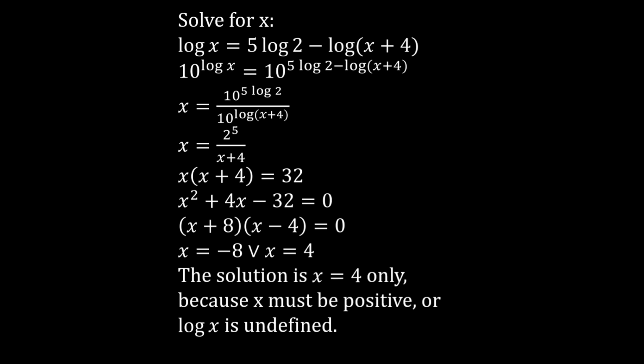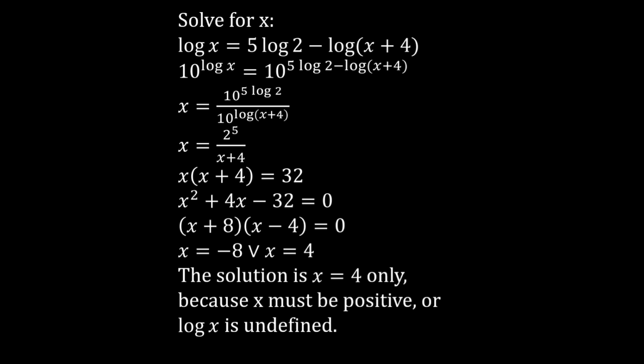So we get 10 to the power of log x equals 10 to the power of 5 times log 2 minus log x plus 4. X equals 10 to the power of 5 times log 2 over 10 to the power of log x plus 4.